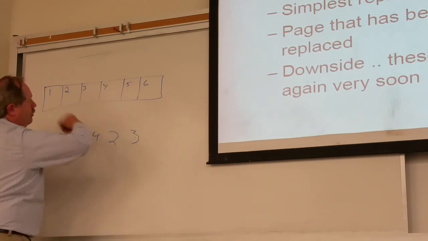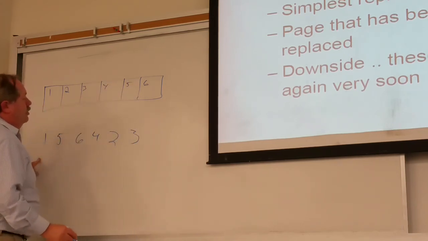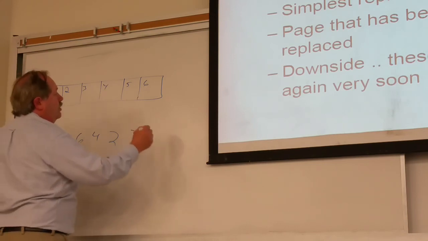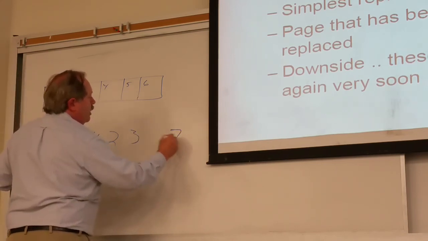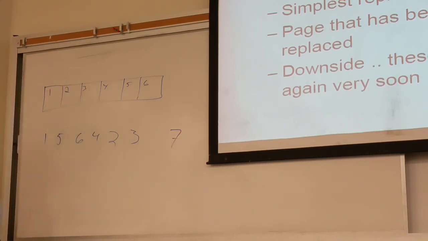That's fine, that got all of these into main memory. Now the question is, it wants to access page 7. Based upon just that, you're supposed to make a decision: which one of these do I want to kick out?